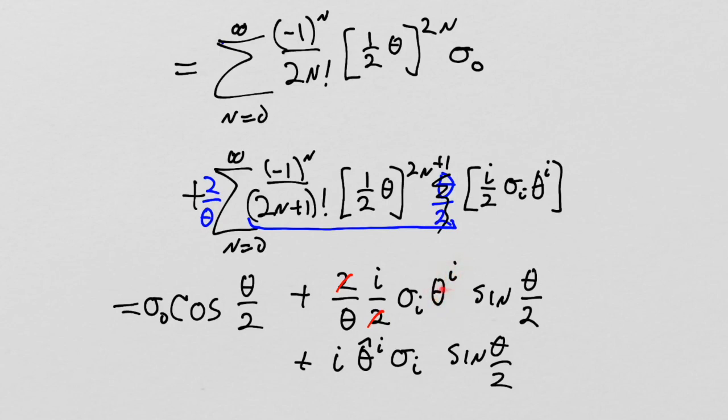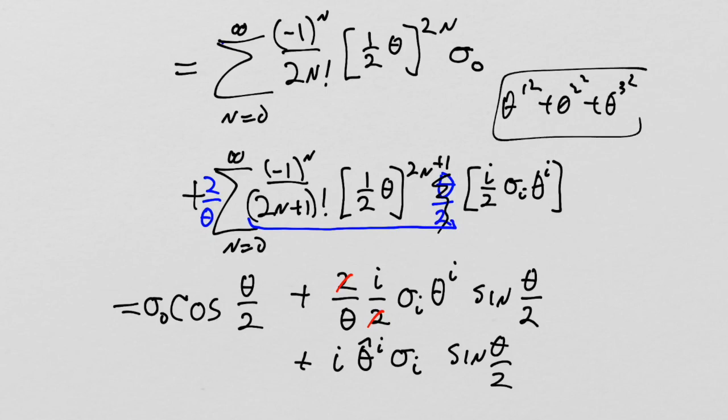So the parameter theta 1, theta 2, theta 3 gets divided by this theta, which is understood as theta 1 squared plus theta 2 squared plus theta 3 squared, right? That's what theta squared equals. But we're not dividing by theta squared, we only multiply by 1 power of theta. So that becomes the normalized parameter. And then you get sigma I in there, and you've got sigma 0 there.